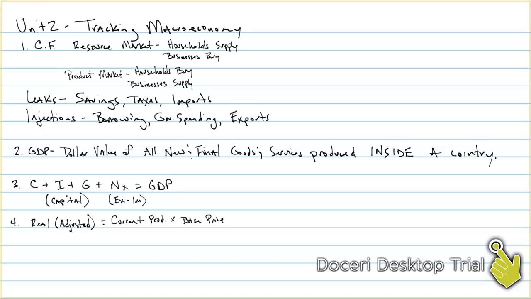Only production changes real GDP. So that must mean nominal is not adjusted, and would be equal to current production times current prices.